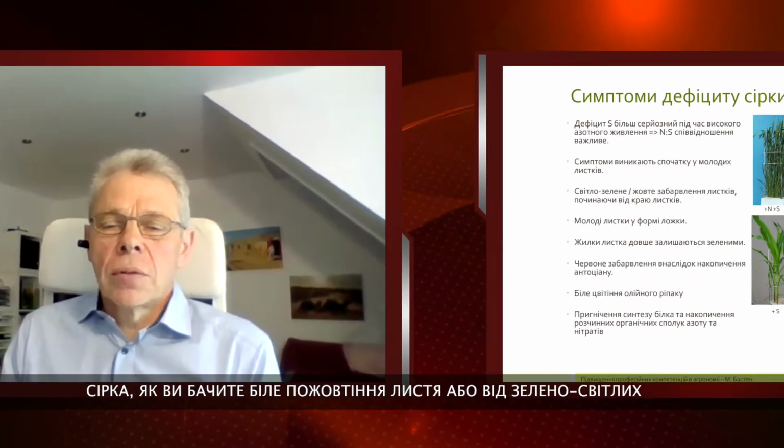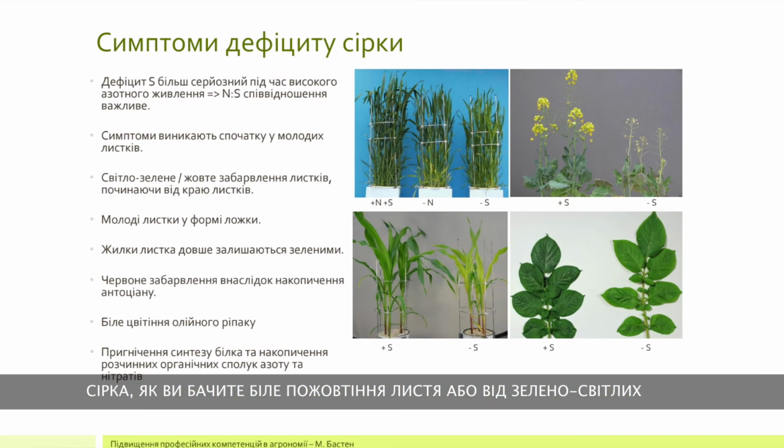A nitrogen deficiency normally occurs at the older leaves. You see the yellowing, kind of chlorosis very much on the bottom. Whereas if nitrogen is okay and sulfur is lacking, you see yellowing leaves, or lighter green leaves on the top.